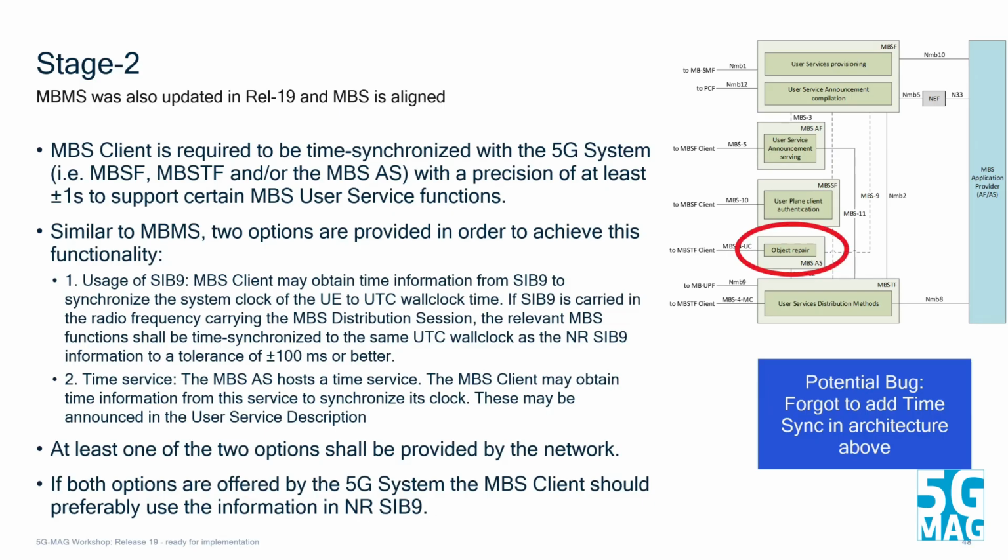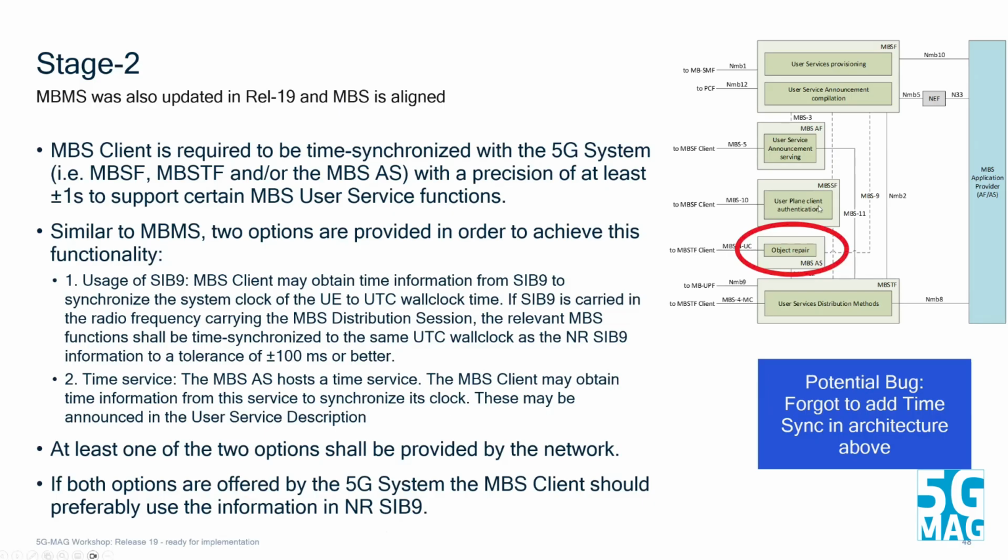We have an address where you find an SNTP service or generally a time service, and we allow that the time service is not SNTP only. What we ask is that at least one of these two options, either SIB9 or the time service, shall be provided by the networks. And if both are offered, we prefer the SIB9 because the SIB9 is not creating unicast traffic, right? So that's the preference.